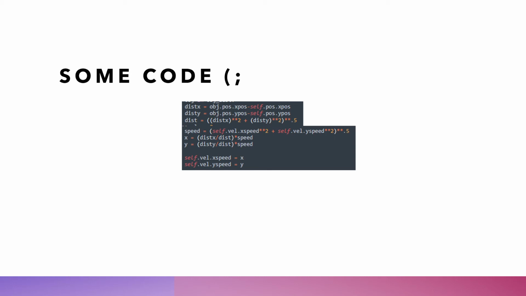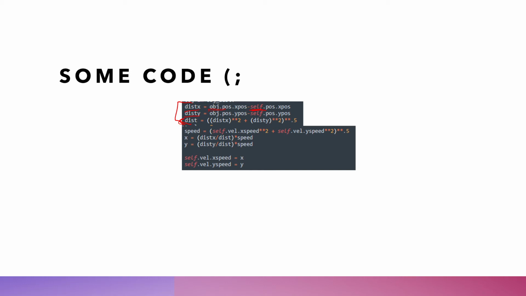This is in Python, but I have self is the pursuant, so the person that's pursuing, and obj is the thing that is being pursued. And so all I'm doing here is finding the x distance, the y distance, and then finding what the total magnitude of that distance is.